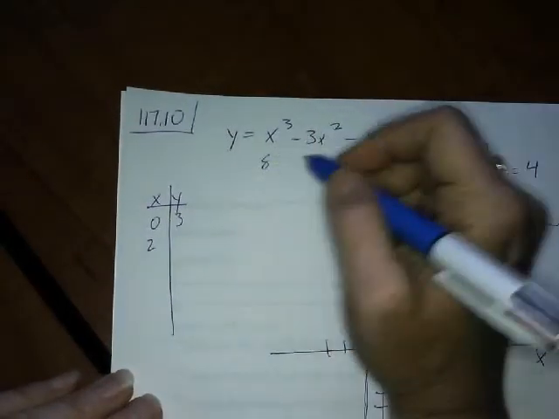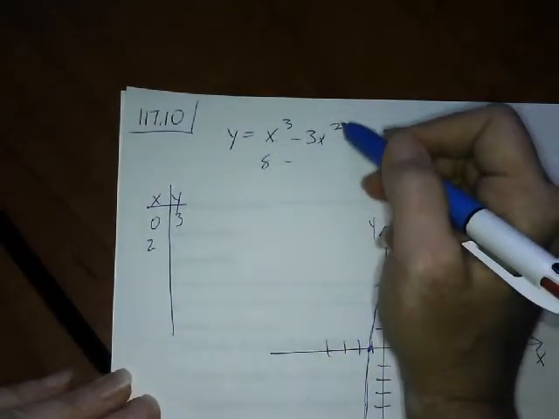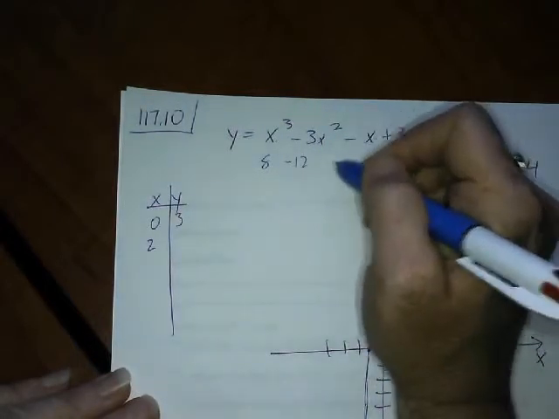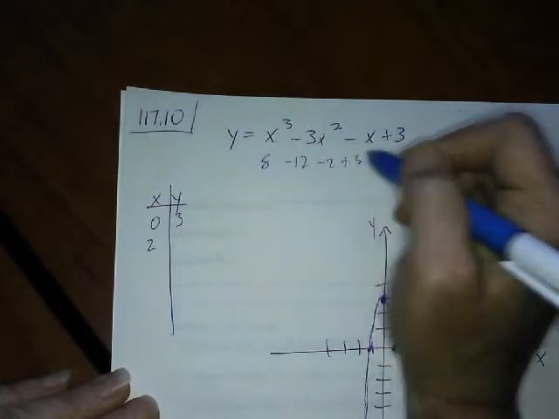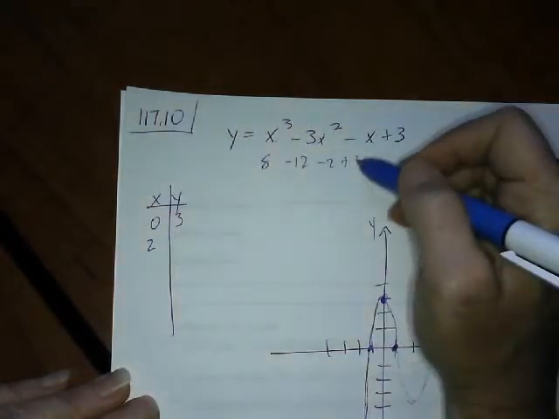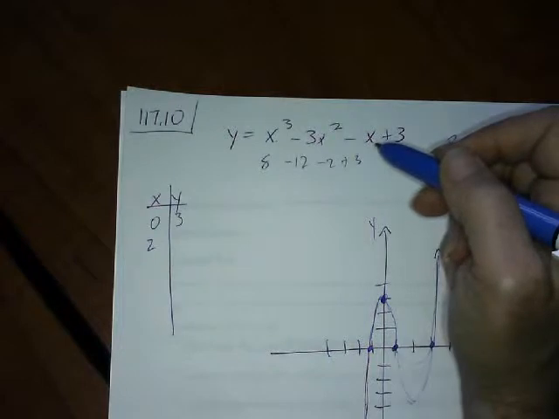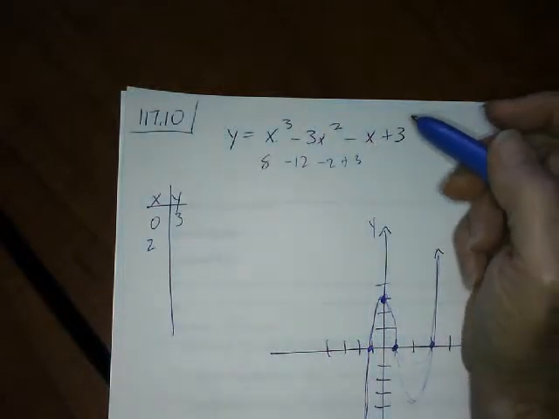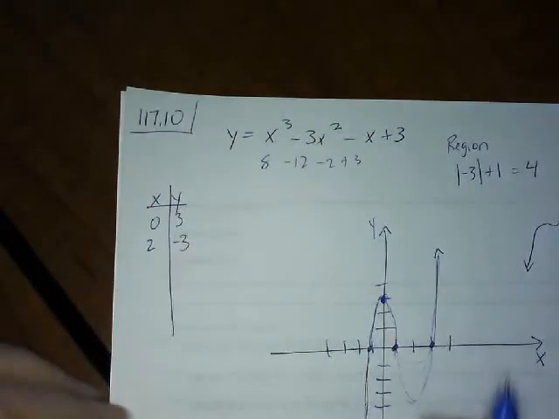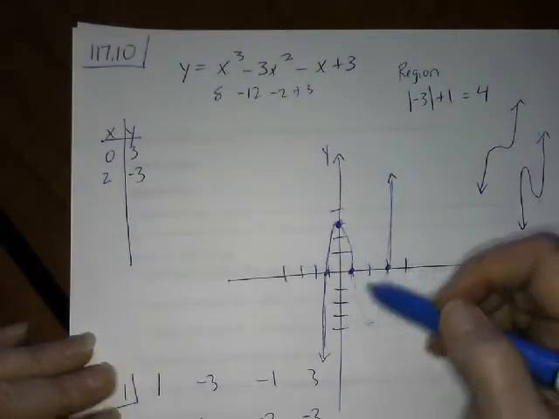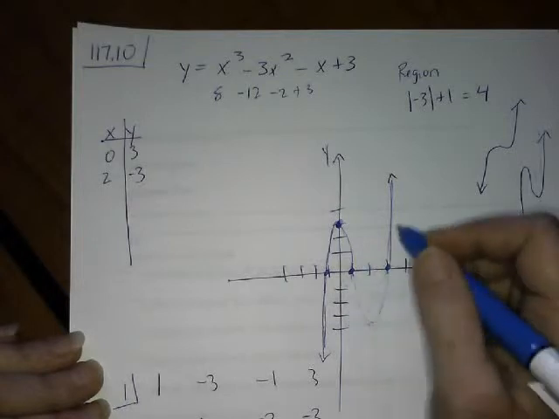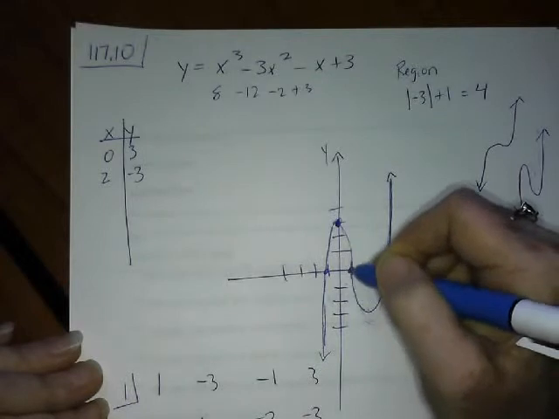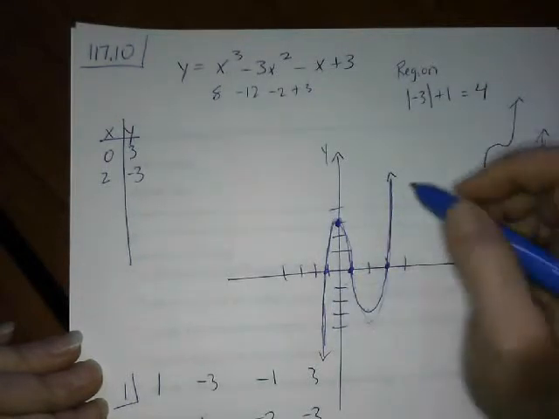So 2 cubed is 8. 2 squared is 4 times 3 is 12. I'm getting -3. I don't know. I did some funky math and got -3. So even if I would have just faked it, look how close I would have gotten. So that's nice to know.